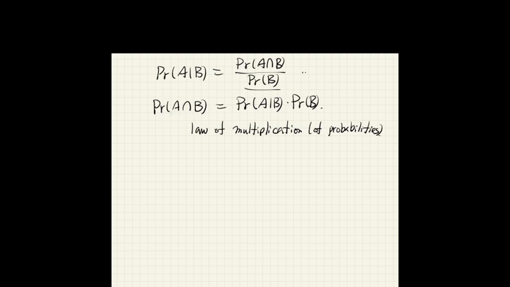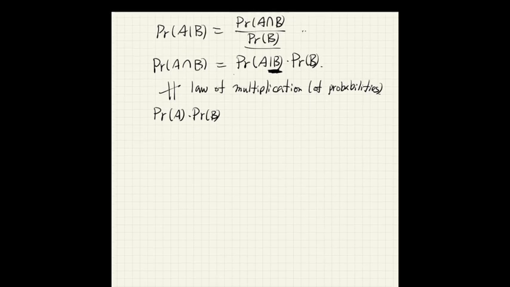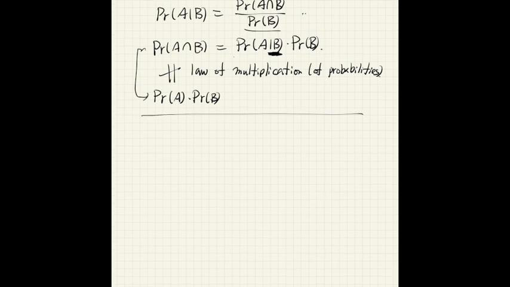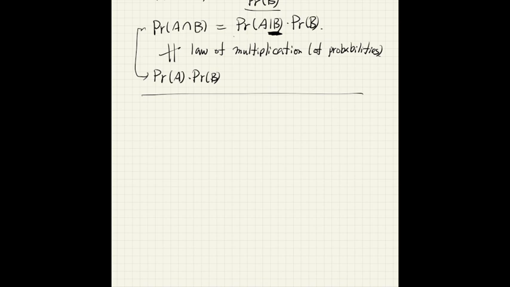This probability of A intersect B is not, in general, equal to the probability of A times the probability of B. Okay, we need conditional probability here. But there are some cases where this is equal to this, and that case we define separately.